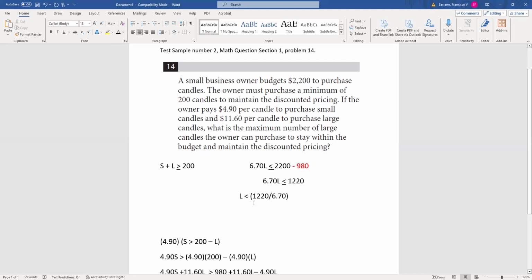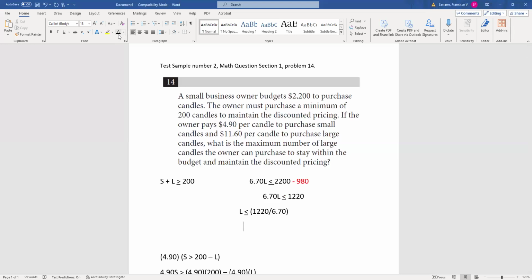So using your calculator, go ahead and calculate that and see what you get. So the question is, what did your calculator tell you to find L?